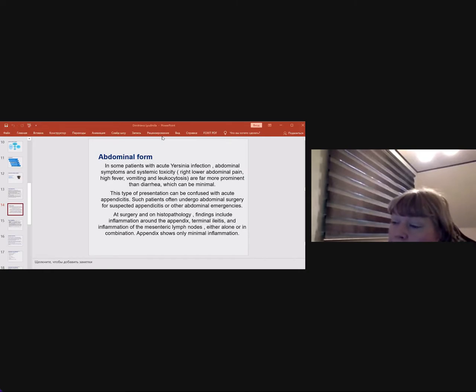And mild, moderate, and severe course of disease may be in all clinical forms of yersiniosis. Acute, recurrent, and chronic course of disease may be in all clinical forms of yersiniosis.